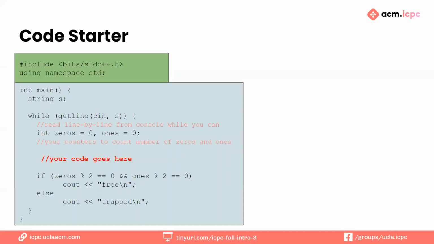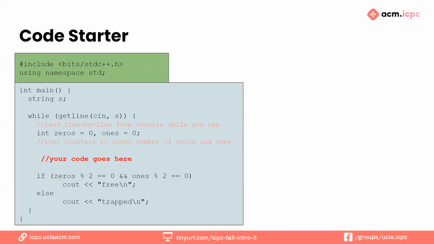So first thing, we declare our string s that we will use as the input parameter. While we can read a string from the console using getline s, we will do the following. So as we said, we want to count the numbers of zeros and ones in the string. So we'll have, let's say, two integer variables, one for zeros and one for ones, and we will initialize them both to 0.